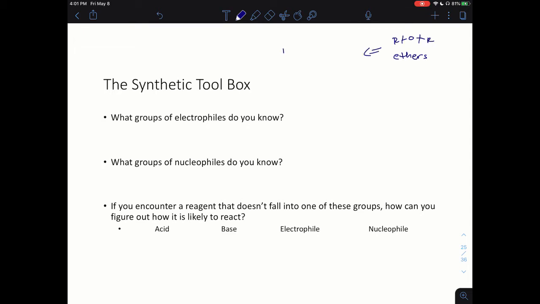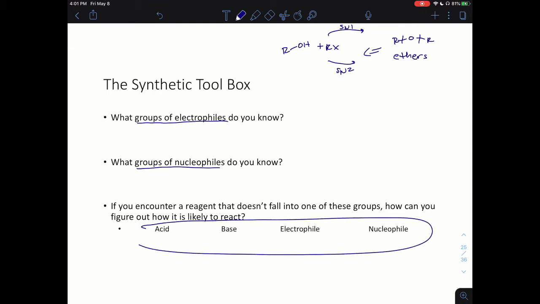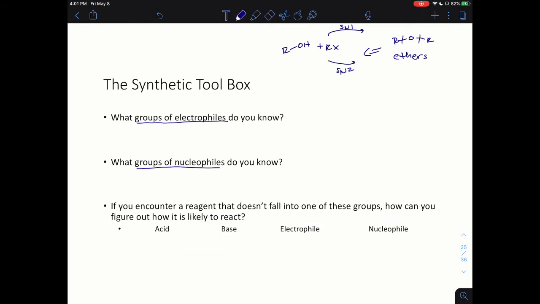We knew that we could make ethers by SN1 or by SN2, and believe it or not, we're going to even learn some more ways to make ethers later next week. So we're going to be making all kinds of functional groups, not just ethers. So you should pause and think about what groups of electrophiles you know, what groups of nucleophiles you know, and how you're going to figure out if something is an electrophile, nucleophile, acid, or base when you don't know anything about it.